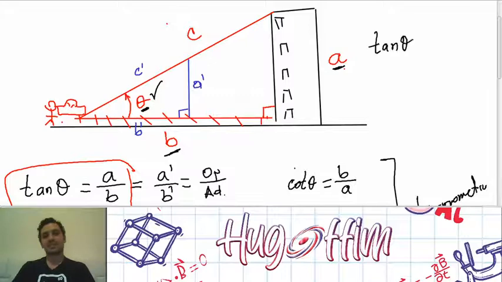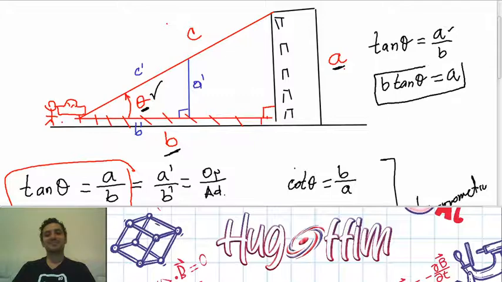Tangent of the angle theta equals A over B, and as I need to find A, I just need to multiply by B. So B times tangent of the angle theta is going to be A. So if I have the angle and I have the distance, I may calculate the height of any building. Cool, right?